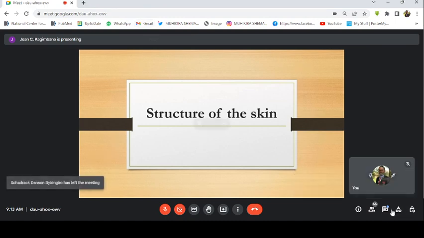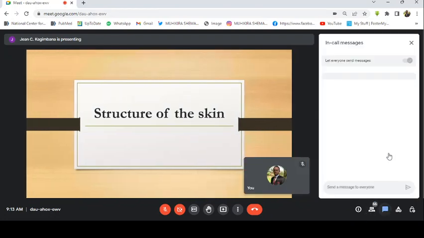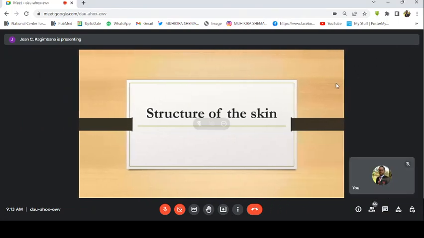Today we'll cover three topics: the structure of the skin, the function and physiology of the skin, and then we'll go to primary and secondary lesions. I think this will be for today. Then tomorrow and Wednesday, we will cover some of the common dermatology conditions, and we will be reading the guidelines of dermatology.